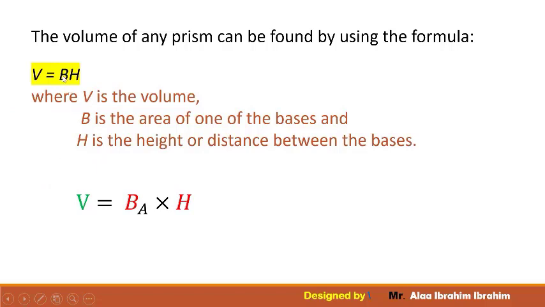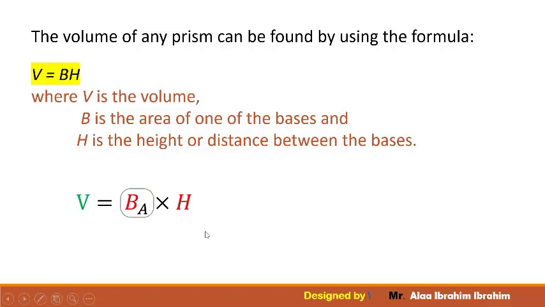I change something here: I make B as BA, meaning area of base. I make it another way for your book to make it clear for you. So BA means area of base, and height is the distance between the two bases.